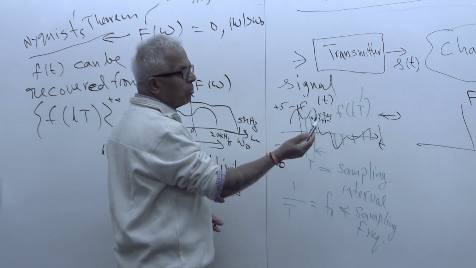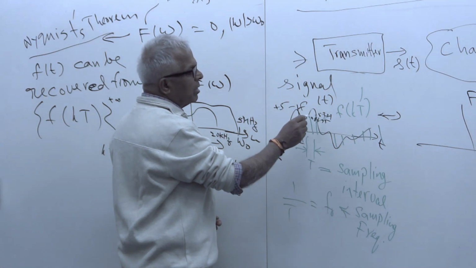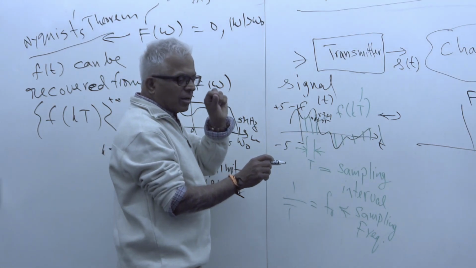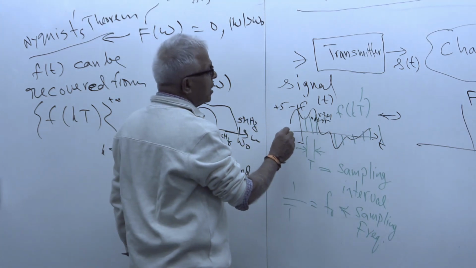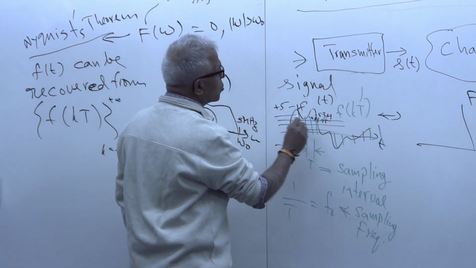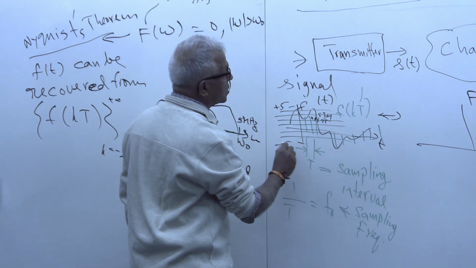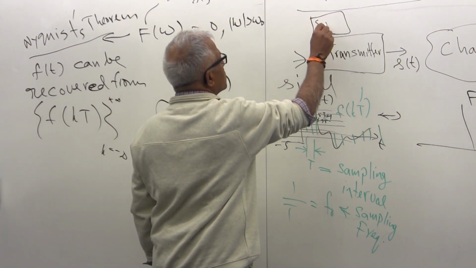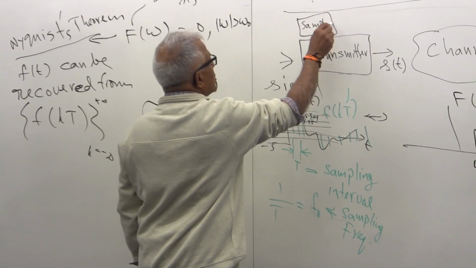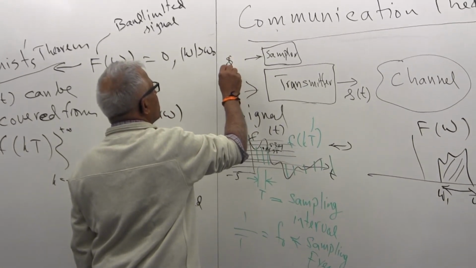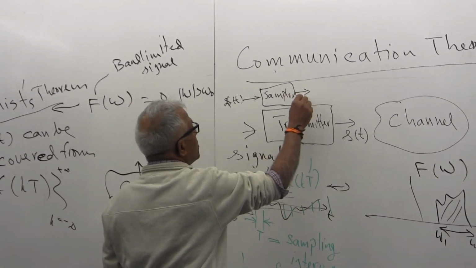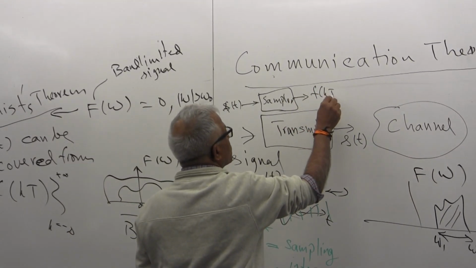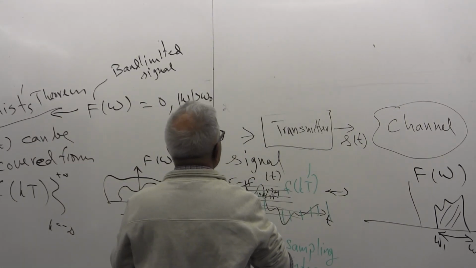So the next step, since you want to transmit it, is so-called quantization. So this thing here has a sampler. So you transmit f(t). f(t) becomes f(kT). Now I'm talking about the transmitter.